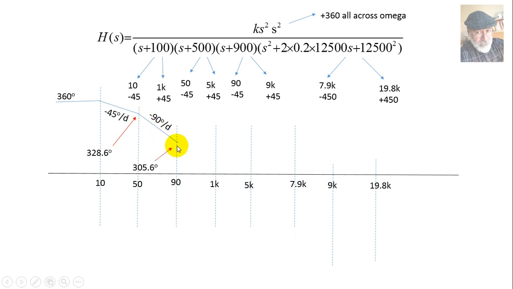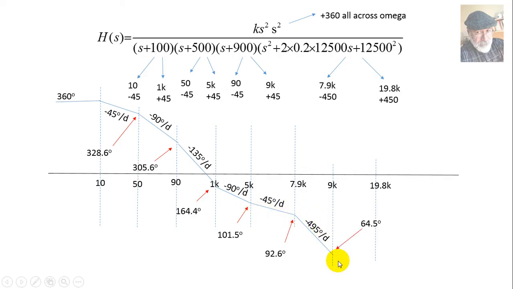We can compute that this value is 305.6 degrees. And I keep doing that, adding each slope and computing the value on the corner for each one of them. Slowly or quickly, until we arrive at the very end, that is negative 89.6 degrees. And that is the phase plot for that transfer function.